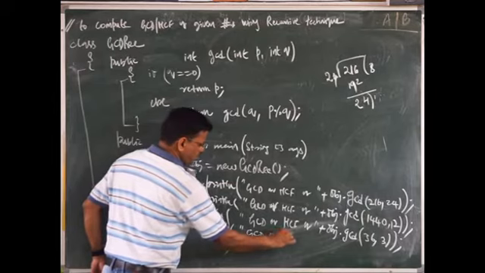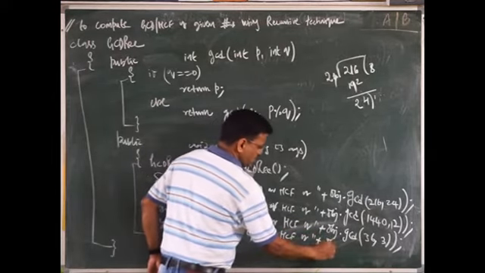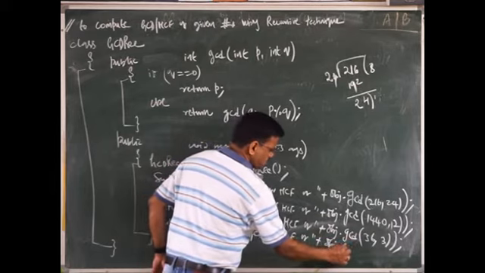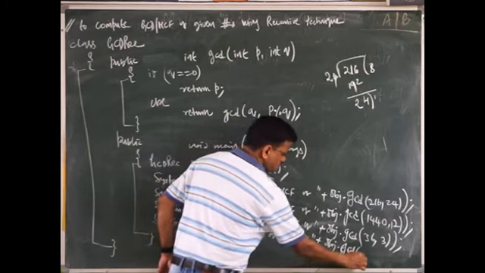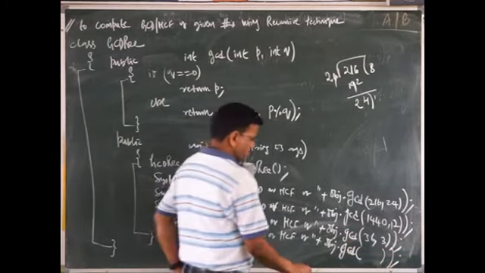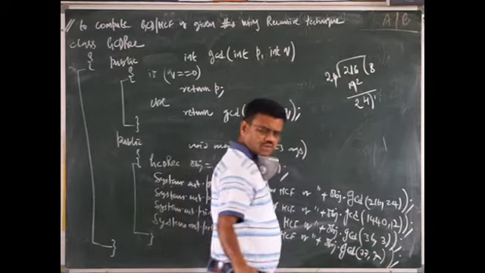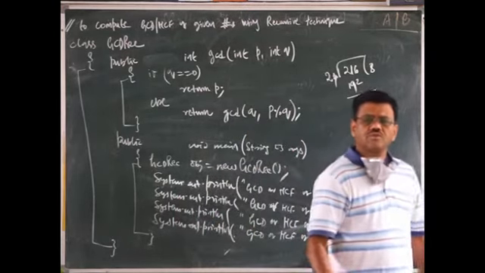GCD or HCF with the help of the object, send a few values. What value do you want to give? Let's say 77 and 11.